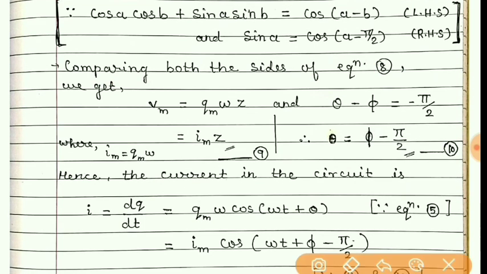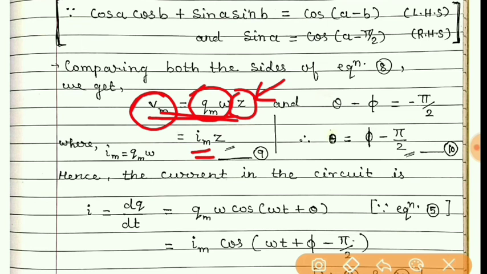Then after this equation, this is Z impedance, it is similar to the resistor. So this term should be the maximum value of current, because this is the maximum value of voltage, and according to Ohm's law we know that V is equal to IR.